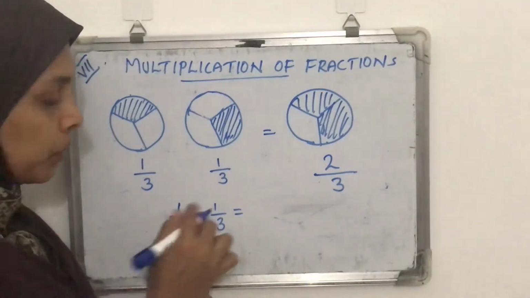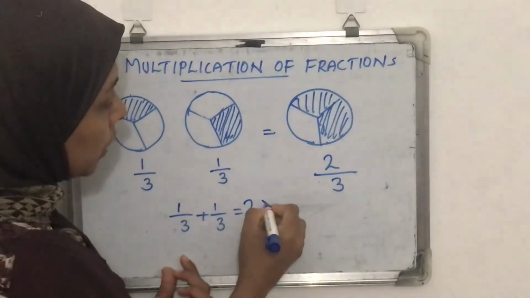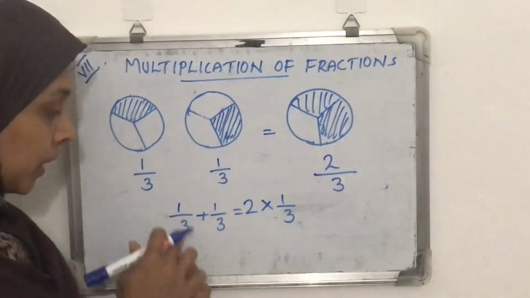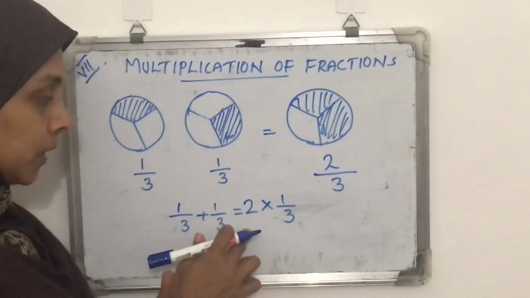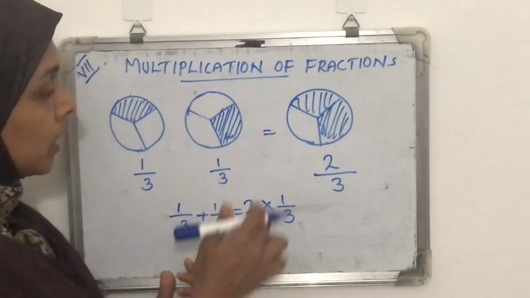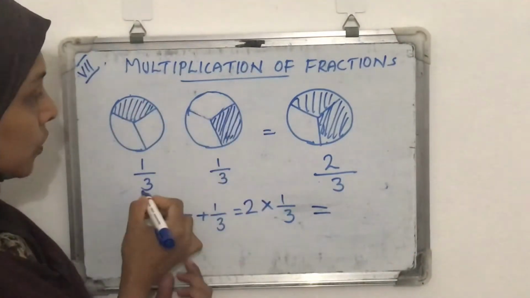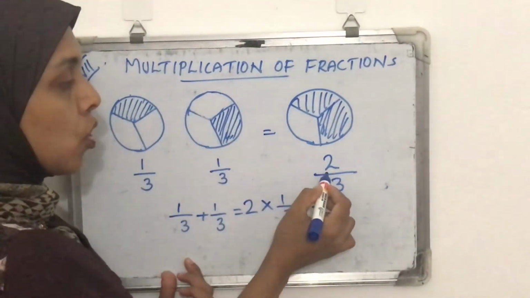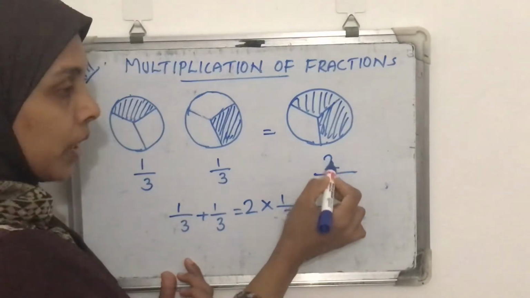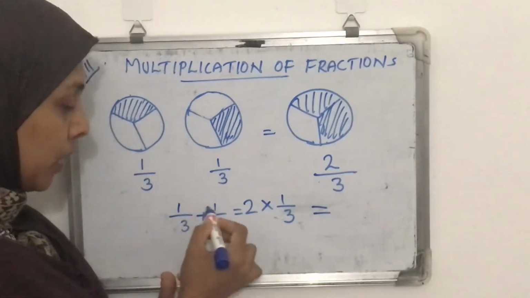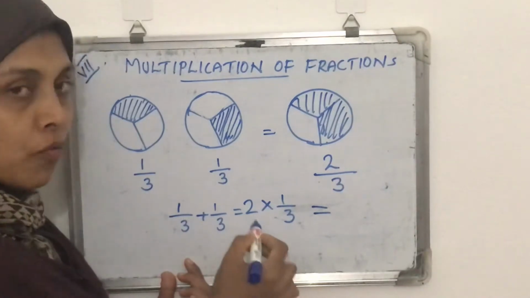So we can represent that as 2 into 1 by 3, instead of 1 by 3 plus 1 by 3. So when we add those two fractions together, what is the answer we got? 2 by 3. So instead of addition we represent that in the form of multiplication.